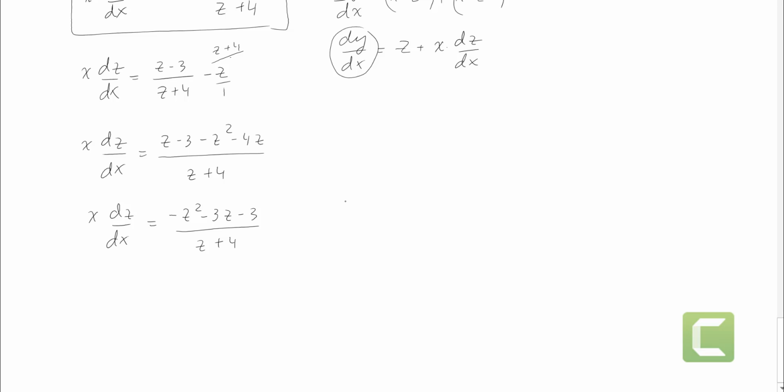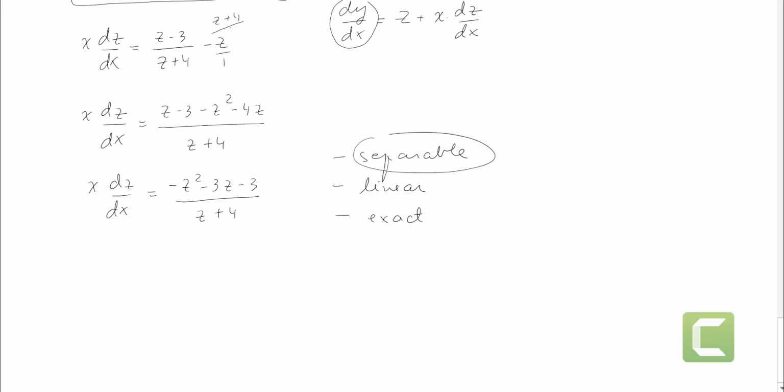So we have to ask ourselves, what kind of equation is this one? Separable, which was the first one that we talked about. Is it linear? Is it exact? Does it need integration factors? And it seems like it's a separable one.